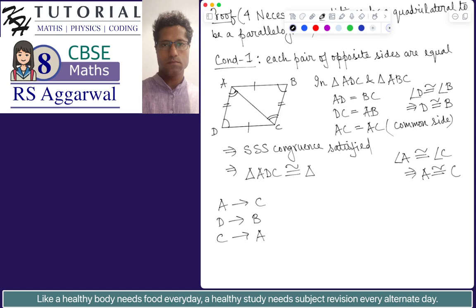If we now want to write the congruence relationship, triangle ADC will be congruent to triangle CBA. Now, clearly to prove that the quadrilateral ABCD is a parallelogram, we need to prove that AB is parallel to DC and AD is parallel to BC.